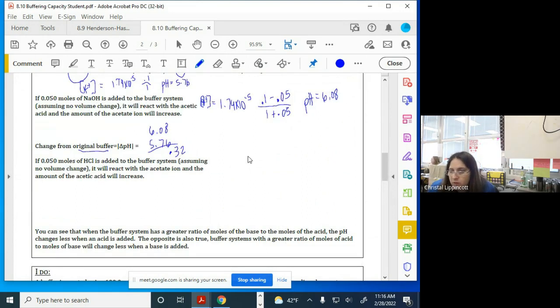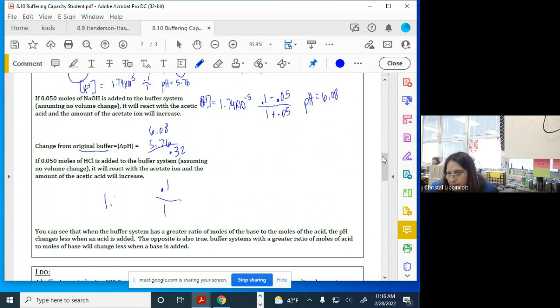So now if we have that system, we have our 0.1 over our 1. This time we're adding HCl in. We're adding 0.05 moles of HCl.